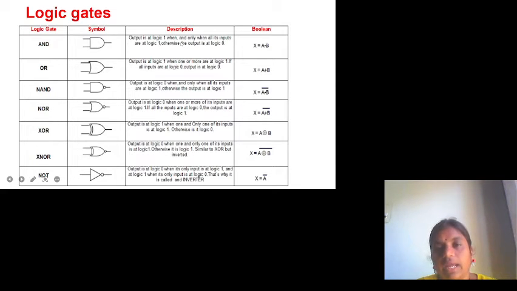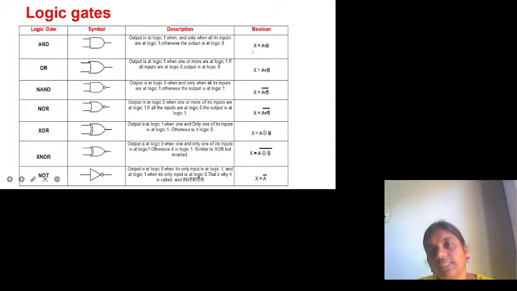According to this behavior of the AND logic, the Boolean expression is X = A . B, where the dot represents the AND operation between the inputs A and B. Whenever these two inputs are ANDed, the resulting output goes to X, where X is the output of the logic gate.